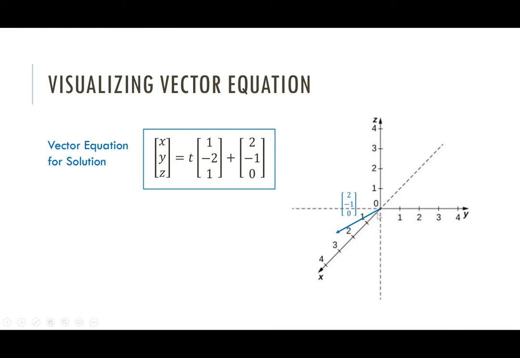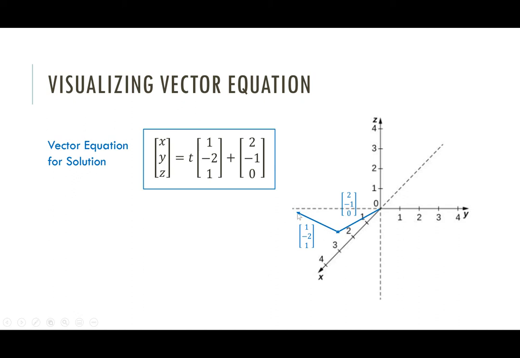So we go 2, -1, 0, end up here. And then we're adding to that multiples of this vector 1, -2, and 1. So first we'll add 1, -2, and 1. Tip to tail addition says you add that vector, which is 1, -2, and then up 1. All right, maybe this isn't the best drawing of that vector, but you get the idea.